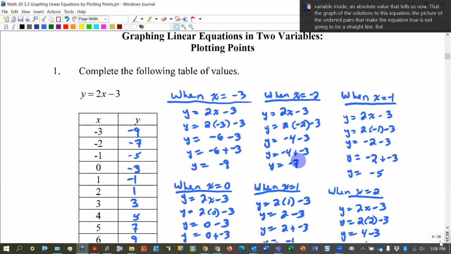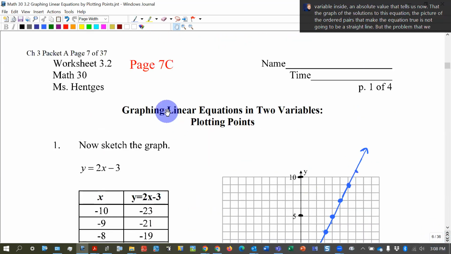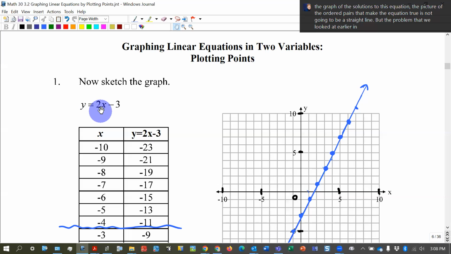But the problem that we looked at earlier in this video, we have one term with X, we have one term with Y, and we have a constant term.